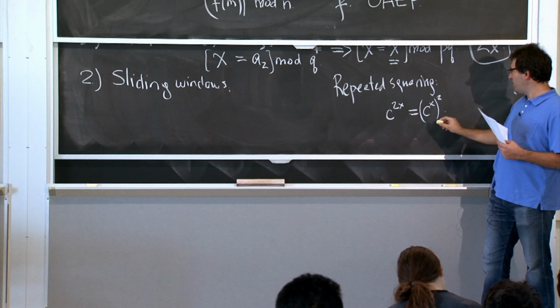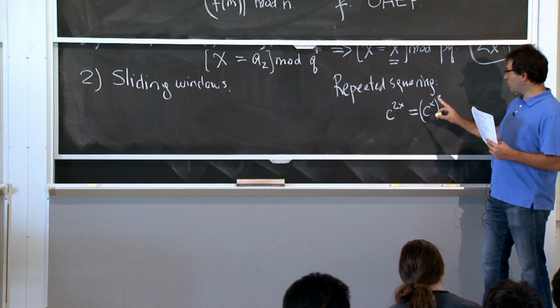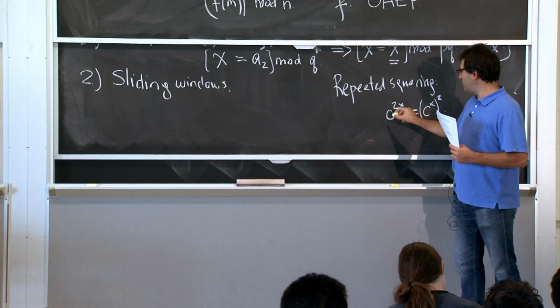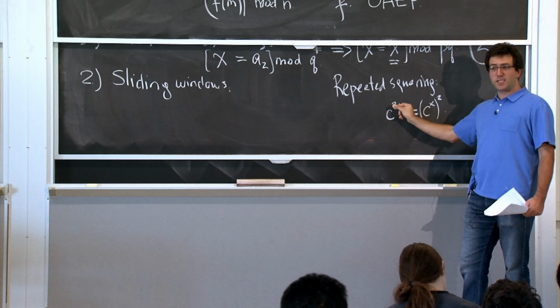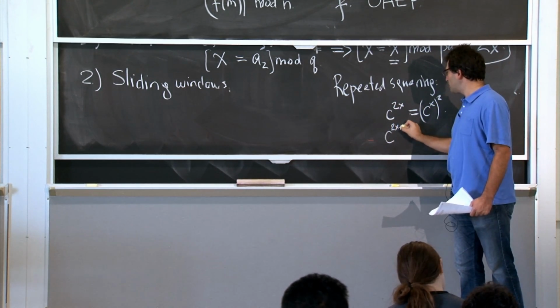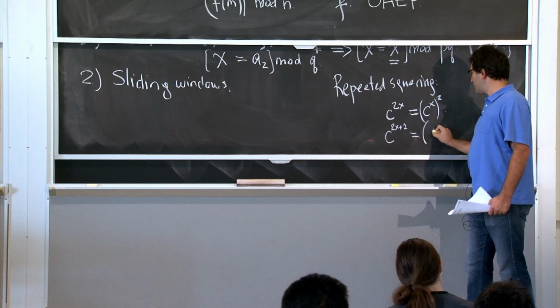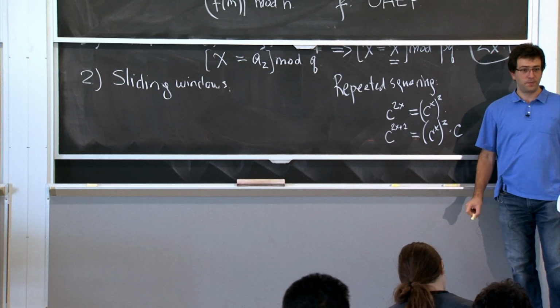But you can be clever and just compute C to the x and then square it. So if you're computing C to some even exponent, this works. And conversely, if you're computing C to some 2x plus 1, then this is just C to the x squared times another C.